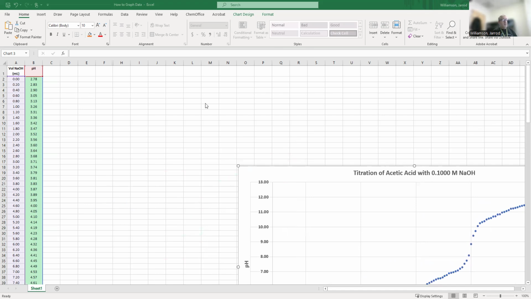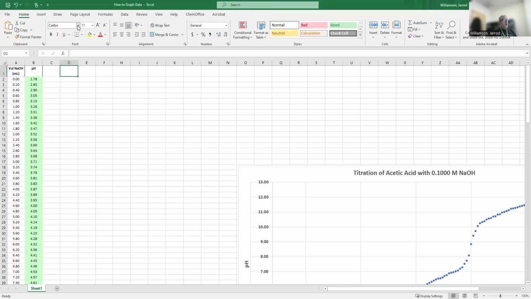It's going to be a plot of pH versus volume. And the first derivative plot is going to be a plot of delta pH over delta volume.